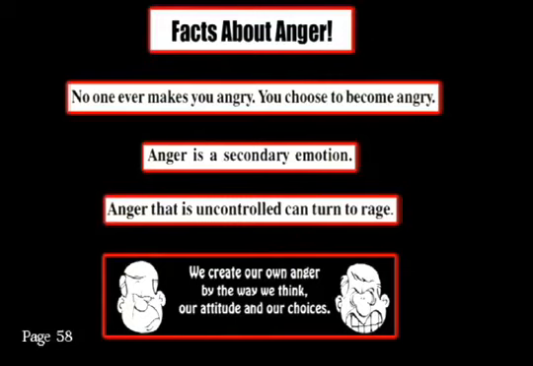And because you didn't control your thoughts at that point, you can start having angry thoughts, and that can turn to anger. So no one makes us angry. We choose to become angry. We learn that anger is a secondary emotion, and that anger that is uncontrolled can turn to rage.